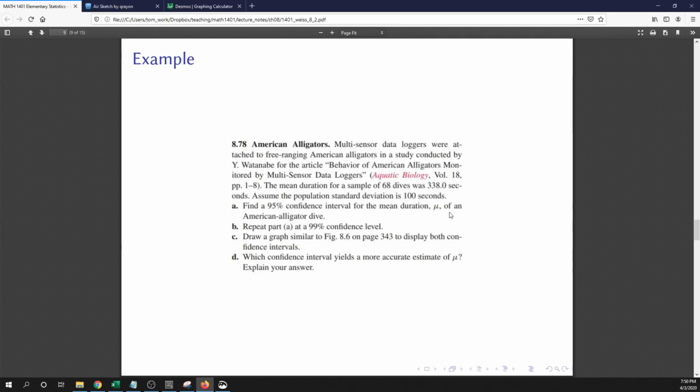The mean duration for a sample of 68 dives was 338 seconds. Assume the population standard deviation is 100 seconds. All right, and we want to find a 95% confidence interval for the mean duration mu of an American alligator dive.